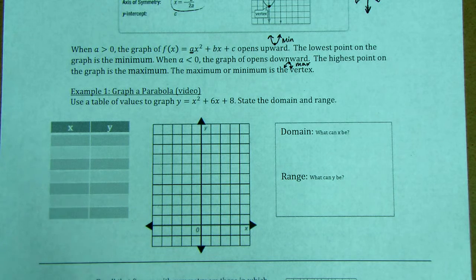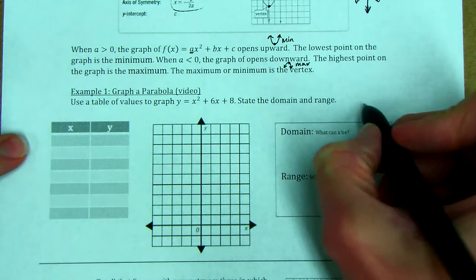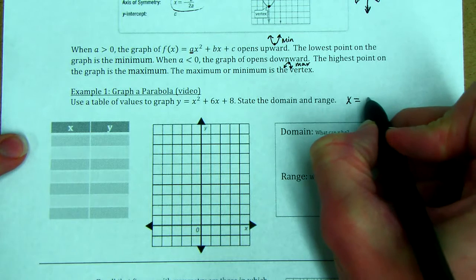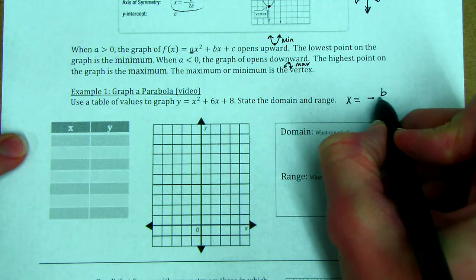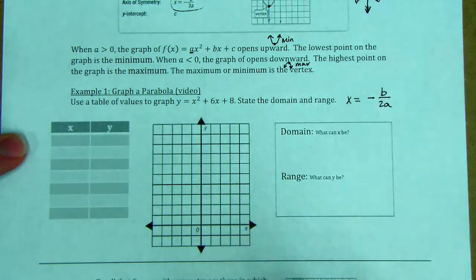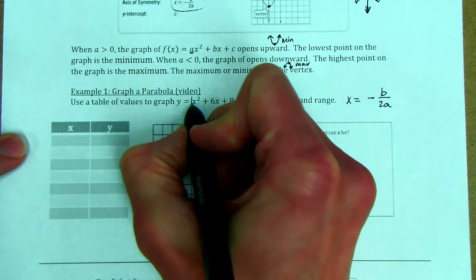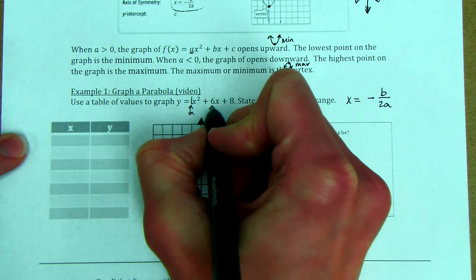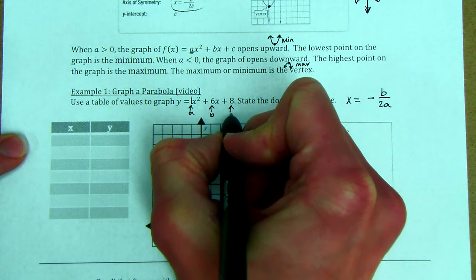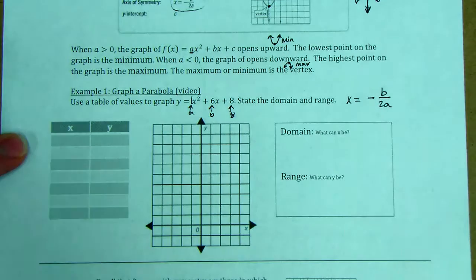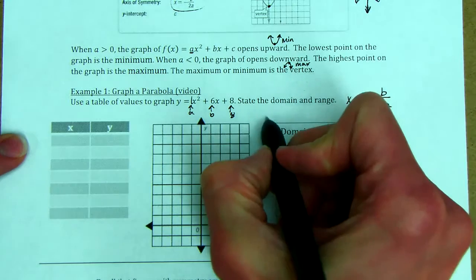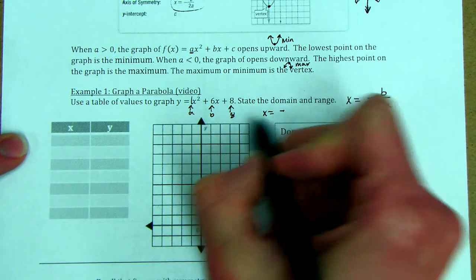So here that is, x equals negative b over 2a. In this case, here's your a is 1, your b is 6, and your c is 8. So I'm going to plug that into that equation. Negative 6 over 2 times 1, and simplify.